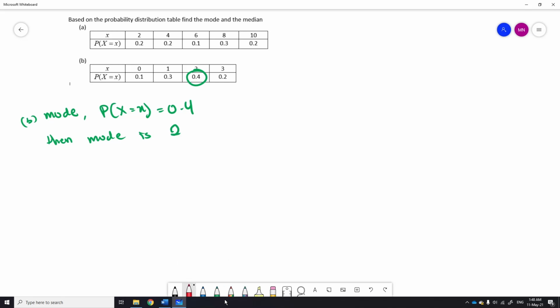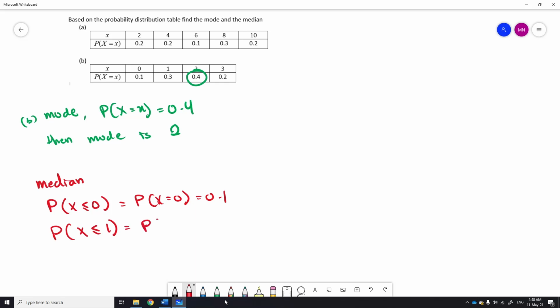Okay, let's try to find the median. For the median, we start with the lowest value of x. Probability of x less than or equal to 0 means probability of x equal to 0, that is 0.1. We do it until we reach 0.5 or higher. So x less than or equal to 1 is 0.1 plus 0.3, equal to 0.4.